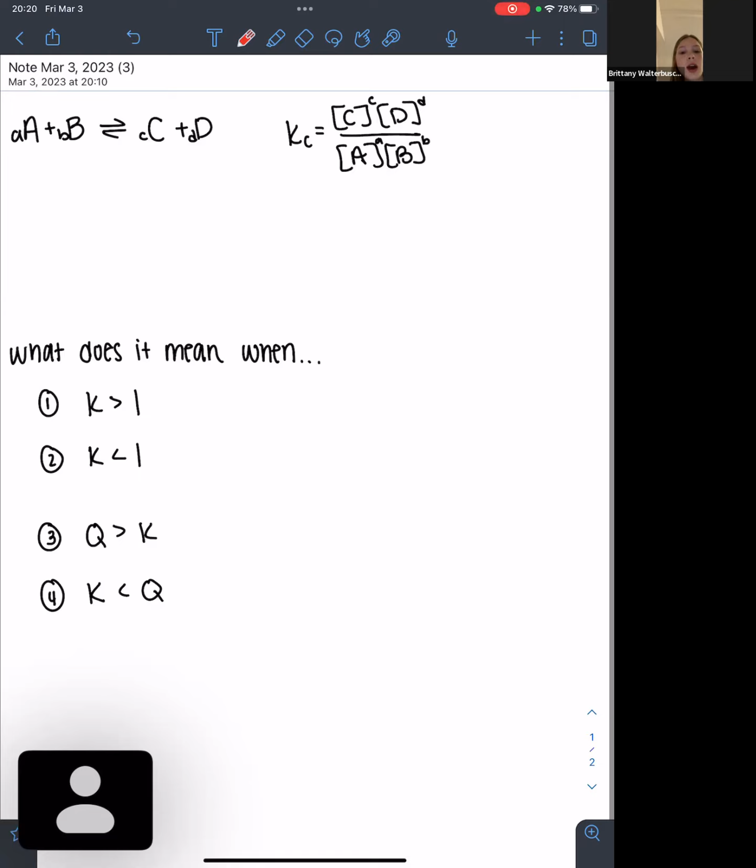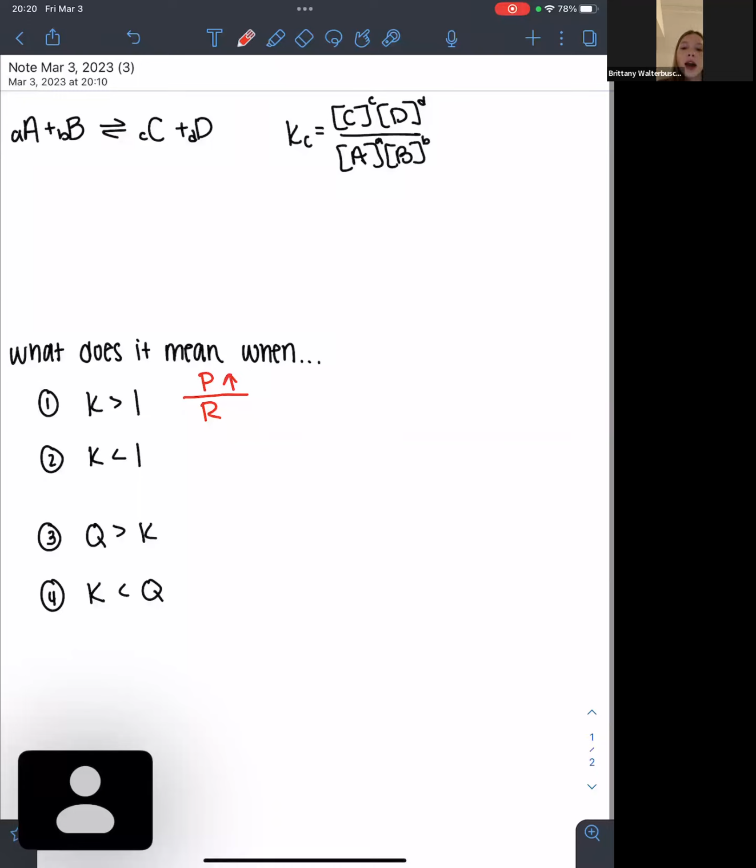If we have a value that's greater than 1, we know that, in terms of a fraction, we're going to have our products on the top and our reactants on the bottom, like we see in this K equation up there. So in order to have a value that's greater than 1, we need a higher amount of products to make that possible.